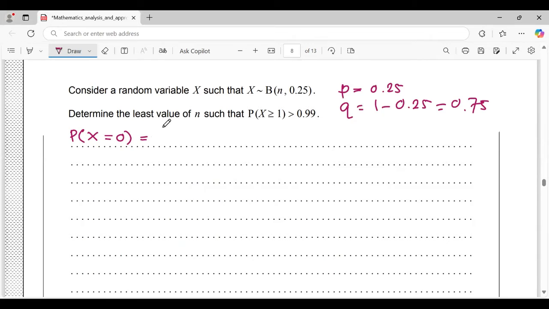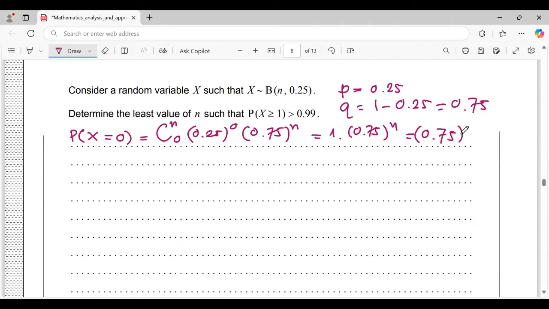Probability x equals 0 is combination n, 0, times 0.25 power 0, times q, 0.75 power n. This value is 1, so 1 times 0.75 power n, which is 0.75 power n.